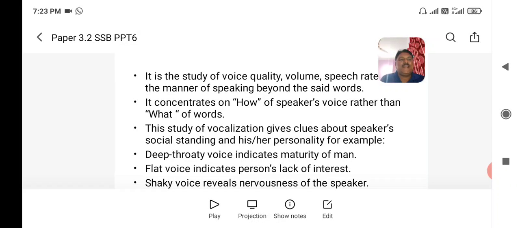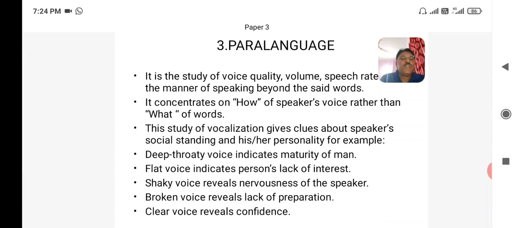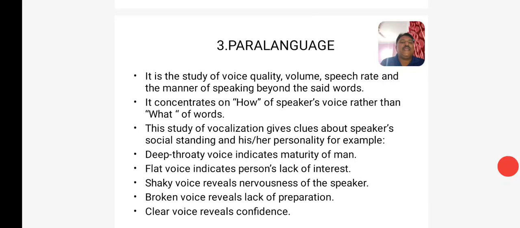Whether a person is speaking in an effective and efficient manner so that he or she can convince the audience or the interested parties rather than what he or she is speaking. How is important. This study of vocalization gives clues about speaker's social standing and his or her personality.